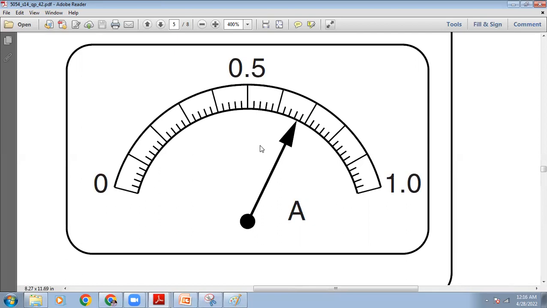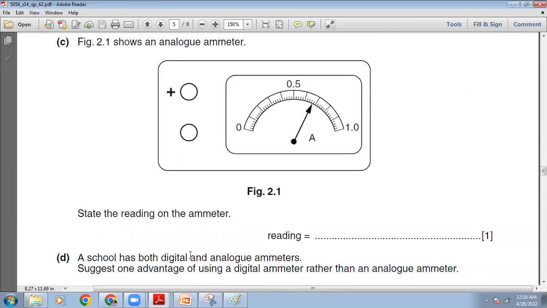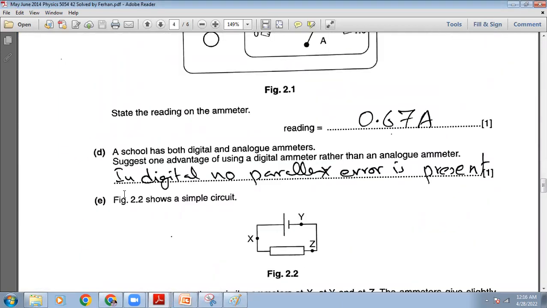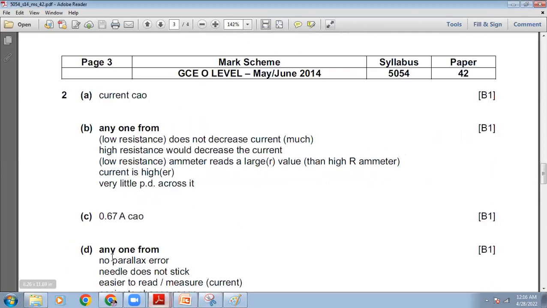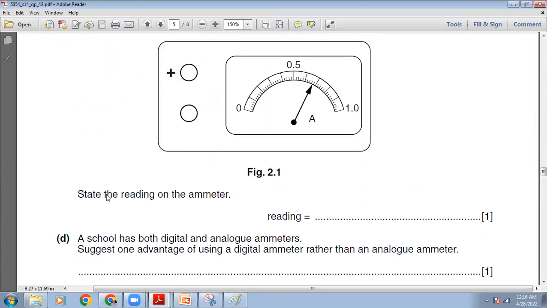So it will be 0.67. The reading is 0.67 ampere. Okay, so let's have a look at the mark scheme. 0.67 ampere is the answer.